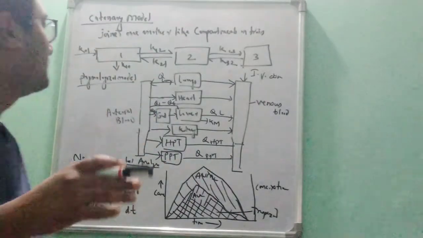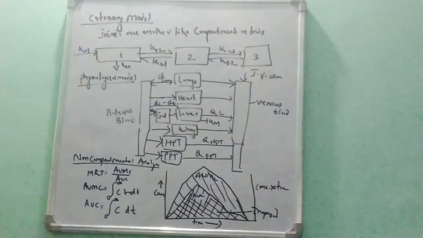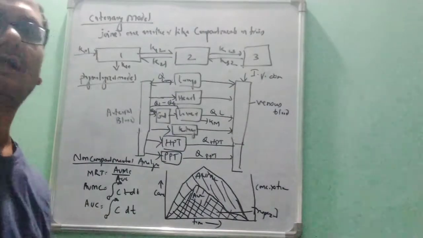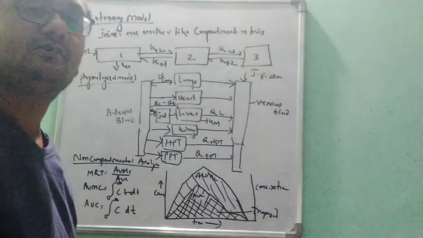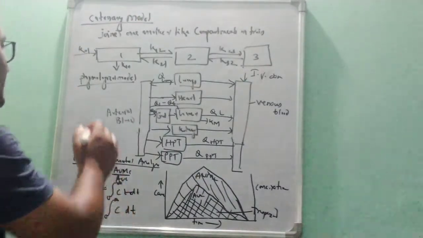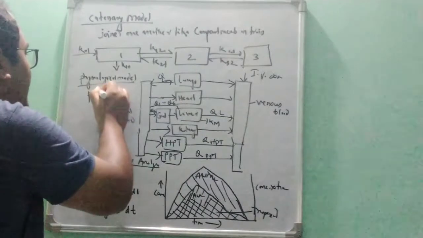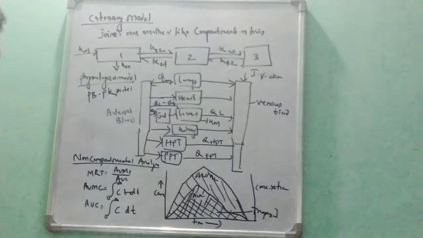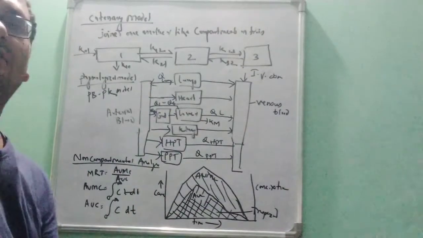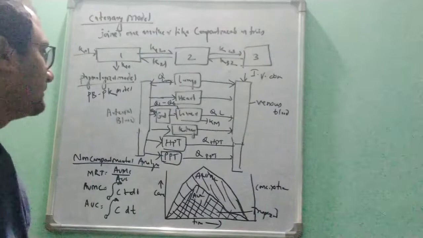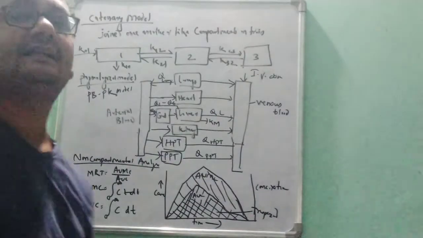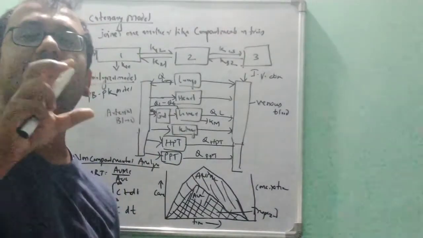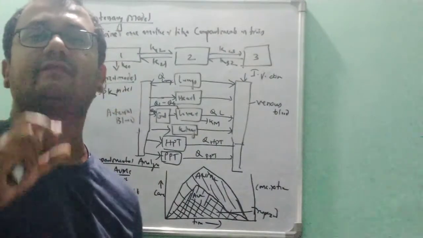Now coming to the second one, the physiological model. This is the physiologically based pharmacokinetic model, which we write shortly as PBPK model. These models are realistic, and individual organs are kept in different compartments.